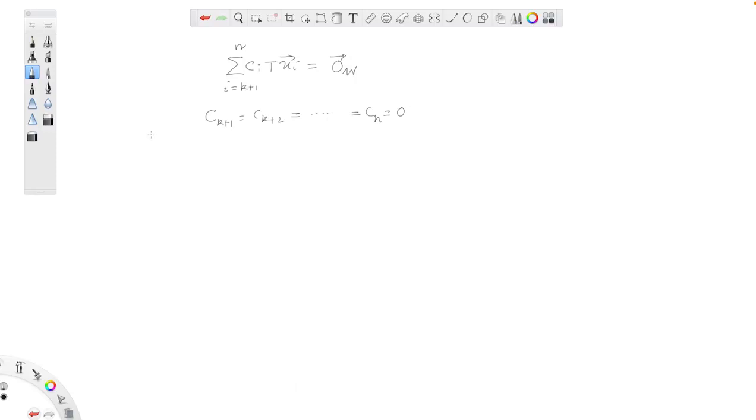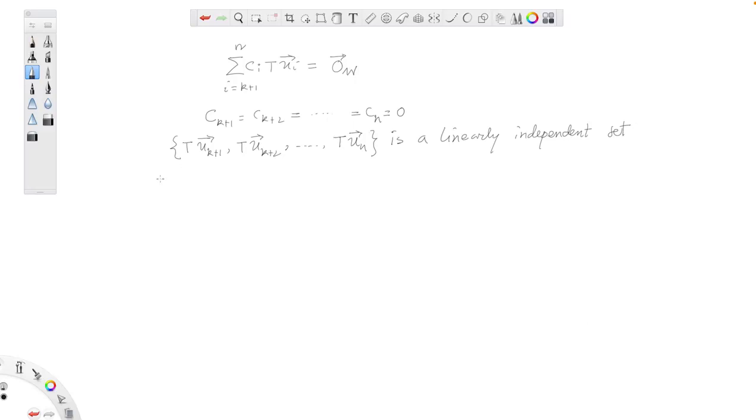So now it implies that these vectors T uk plus 1, T uk plus 2 all the way up to T un, the set is a linearly independent set.